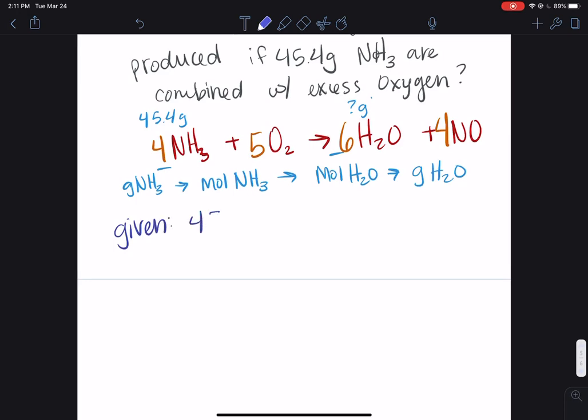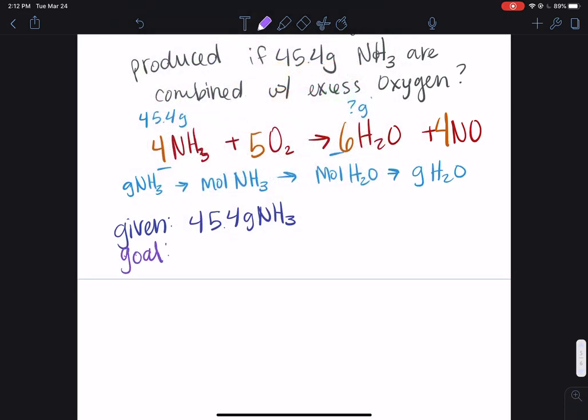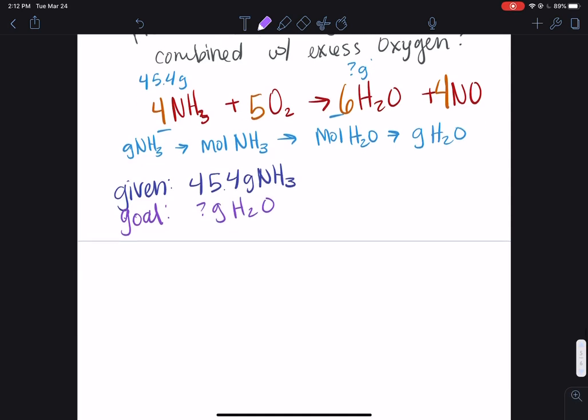What you're given is 45.4 grams of NH3, and you will work your way to your goal, which is grams of water. Let's take it step by step, because it'll be easier that way. Your first step is to get to moles of ammonia.